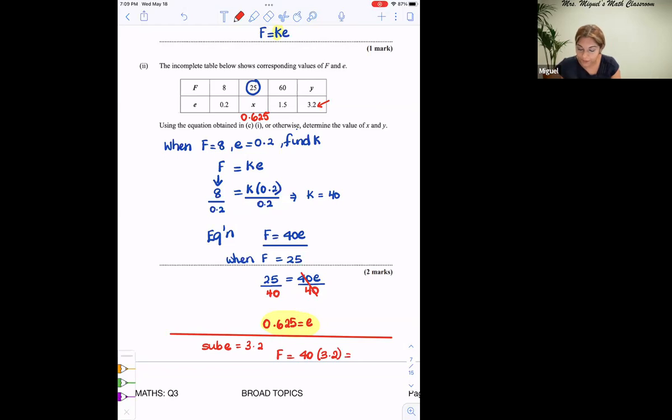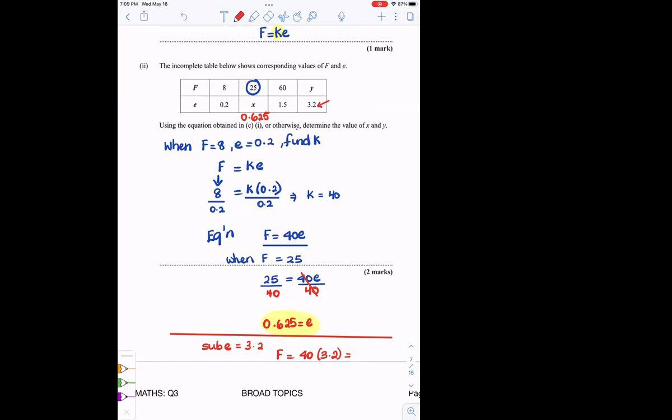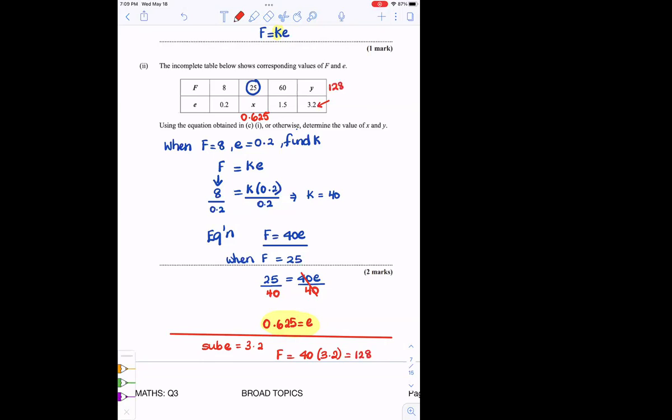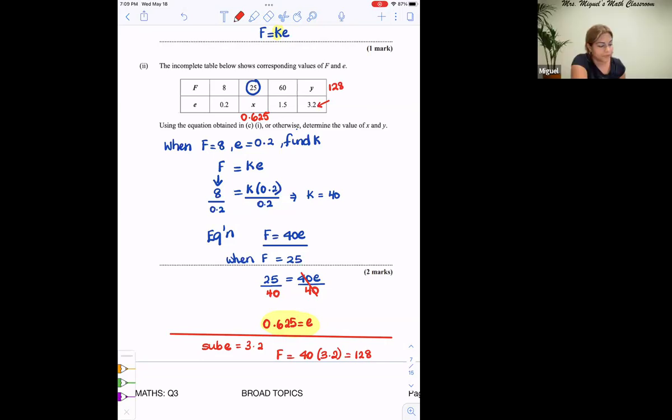This is multiplication. $128. Did anybody else get it? Yes, miss. So take down whatever you need on the screen there and let's continue.